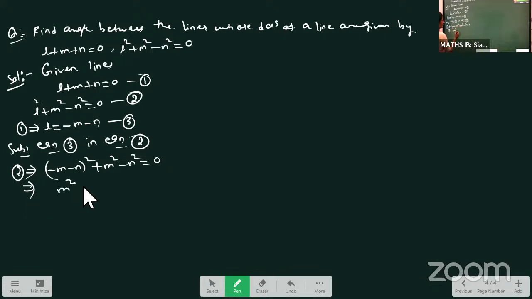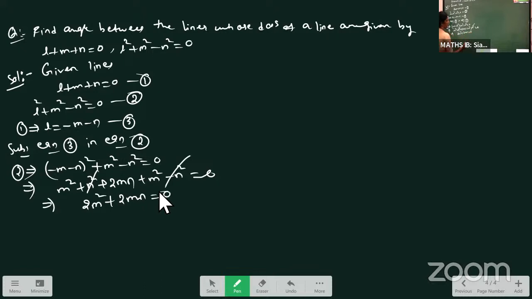So this is a square: m square plus n square plus 2mn, plus m square as it is, minus n square. Cancelling n square and n square, m square plus m square, 2m square plus 2mn is equal to 0.